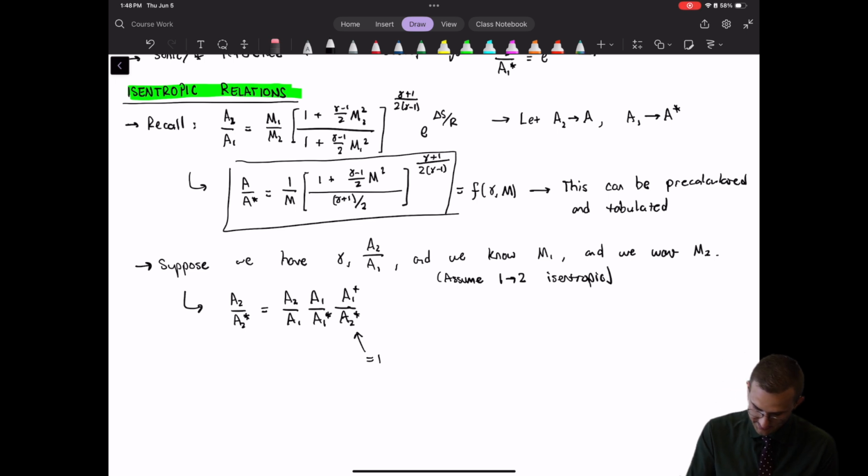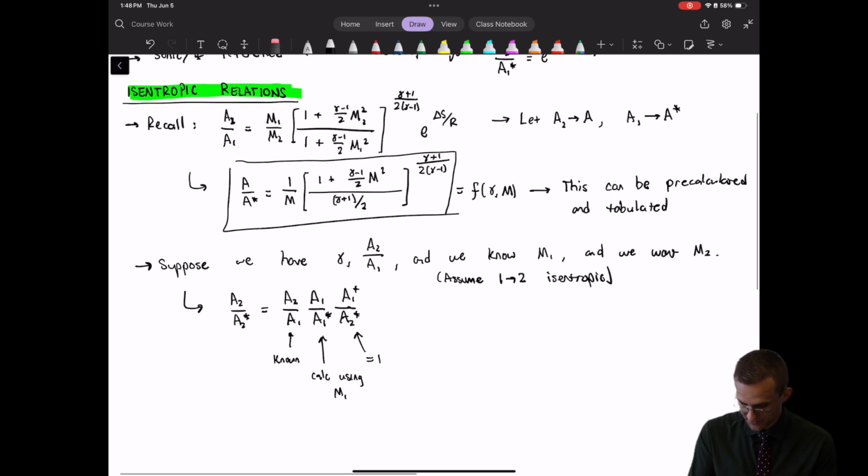Now, this thing is known, A2 over A1, because we know the geometry of our system. And then what are the rest of these two? Well, we know what M1 is, right? So if we know M1, we can calculate this using M1, right? Via the formula above.